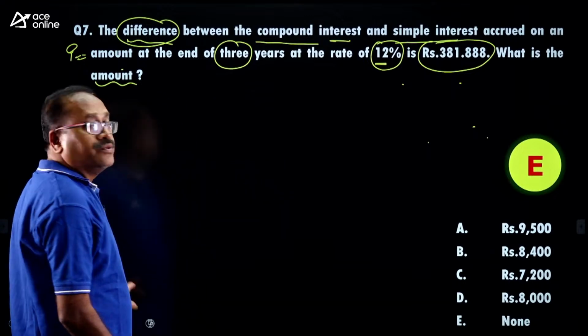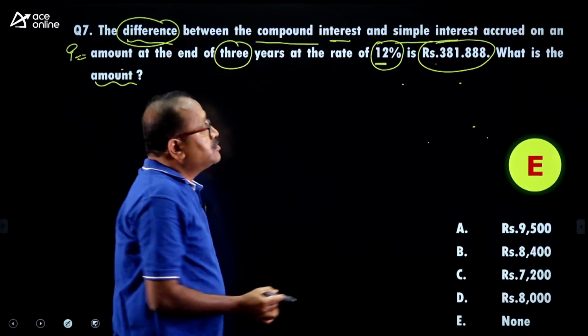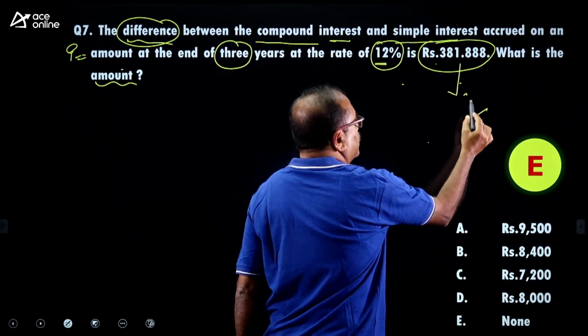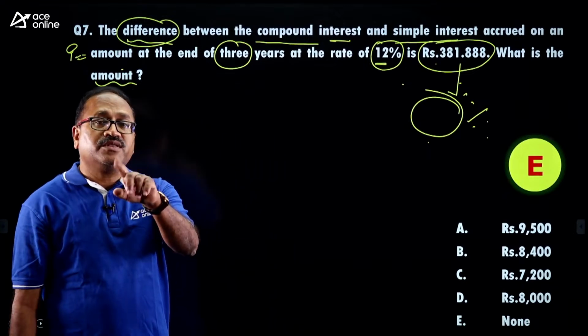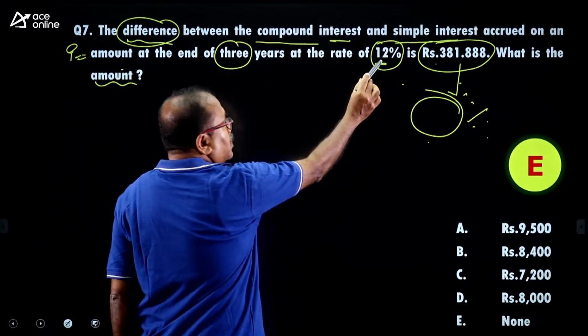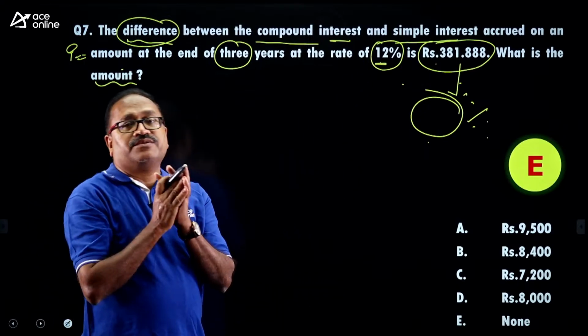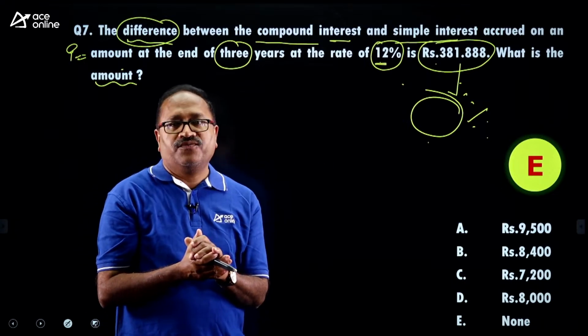The best approach. Now, this is the difference. This represents what percentage of the principal; I will find that out. What is 12%? In other words, 12 square, 144%.